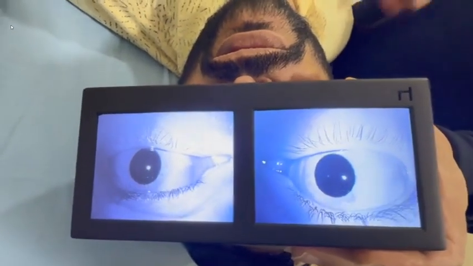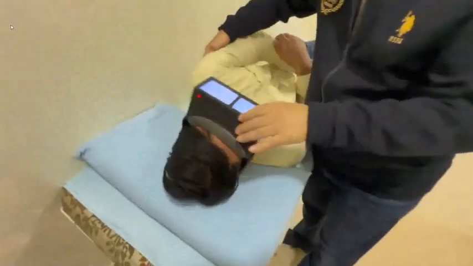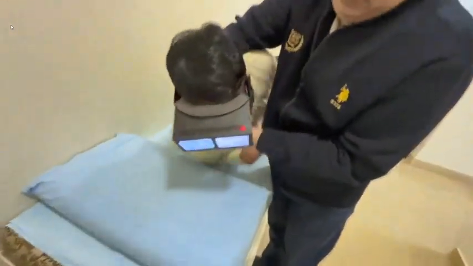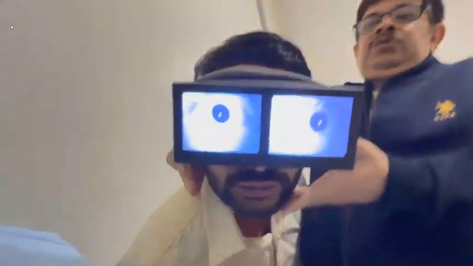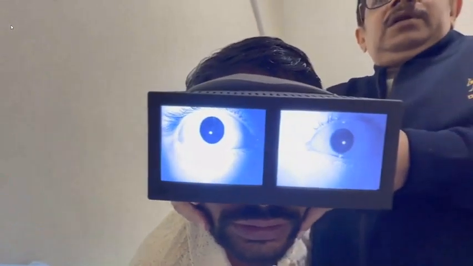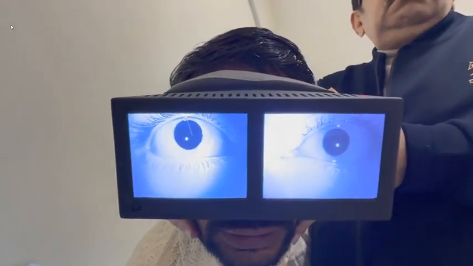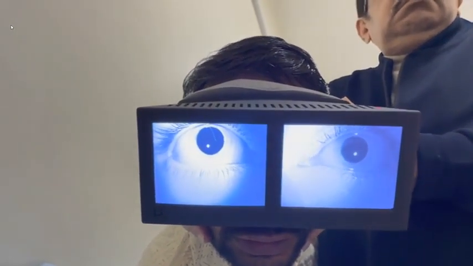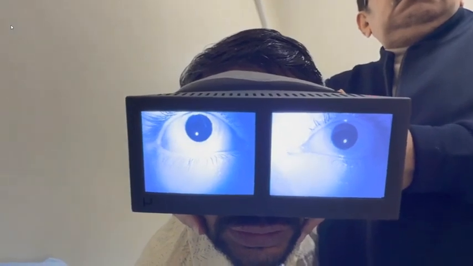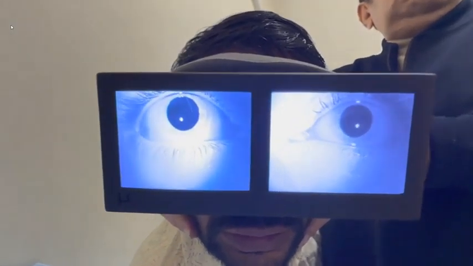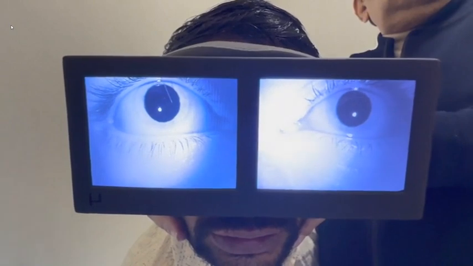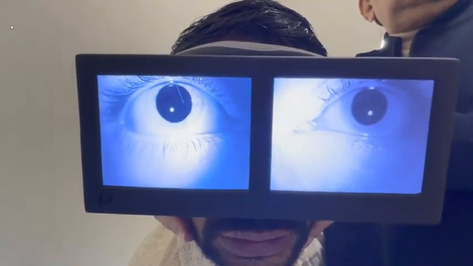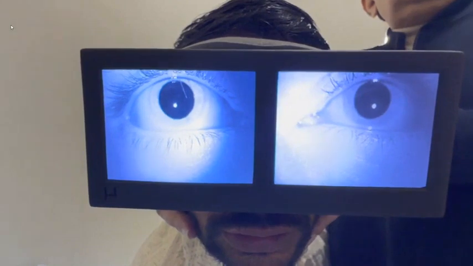The nystagmus will become downbeating and right torsional. This is the inversion position, right lateral recumbent with nose down. And indeed, the nystagmus is downbeating with the upper pole of both eyes torsionally beating to the patient's right.